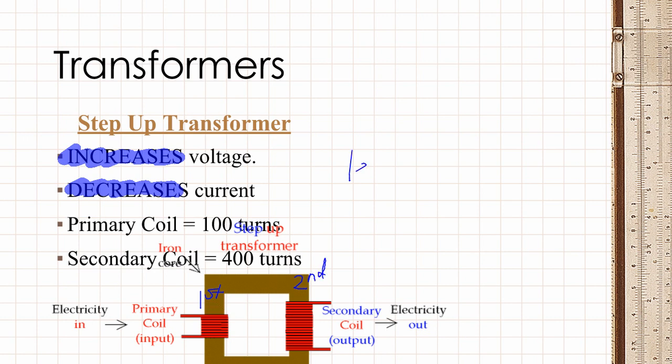We go from less to more. We use a step-up transformer because over a long distance of wire, current is lost. We'd be losing power. It's not efficient. But if we decrease the current and increase the voltage, we're able to transport electricity without losing power.